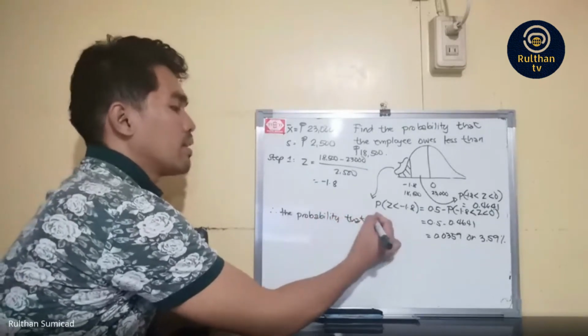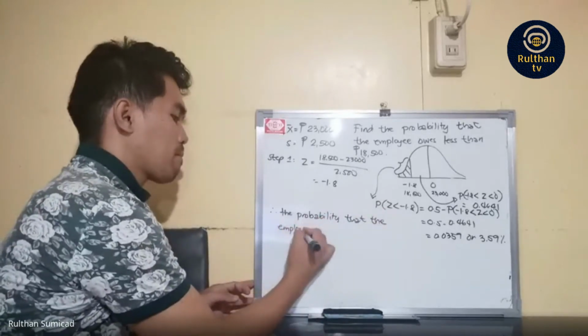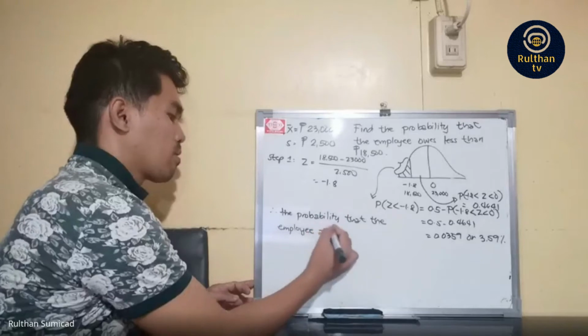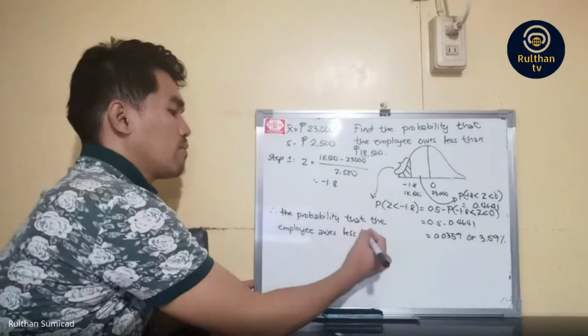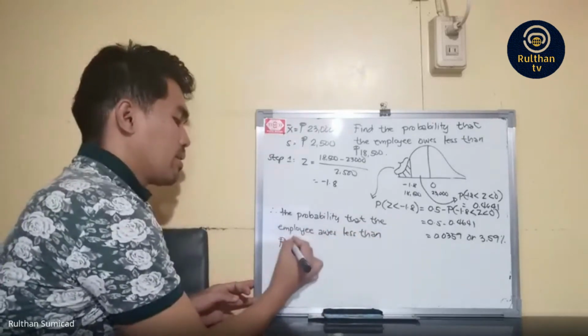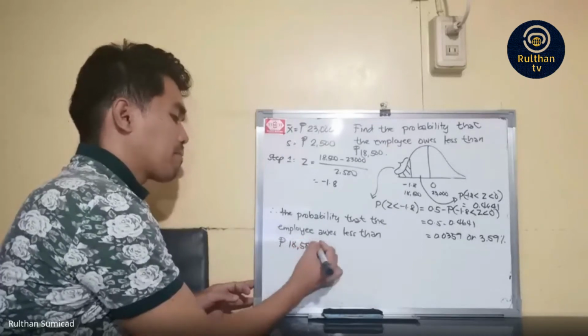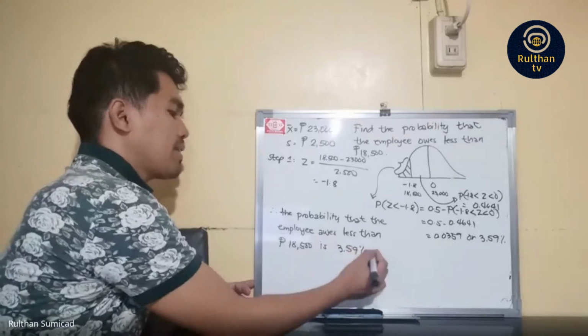Therefore, to answer the question, the probability that the employee owes less than 18,500 is 3.59%. Okay?